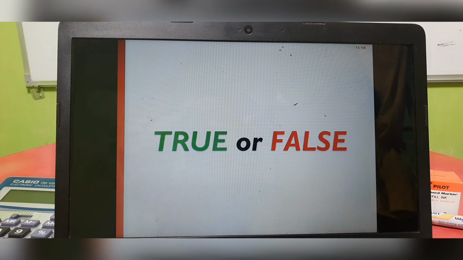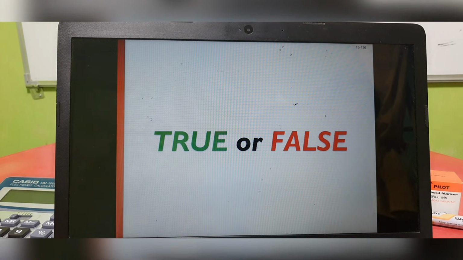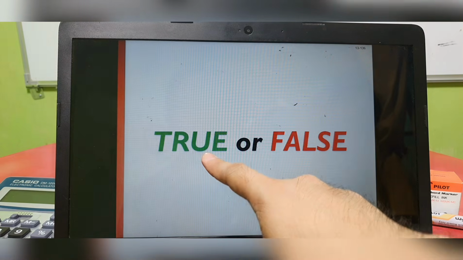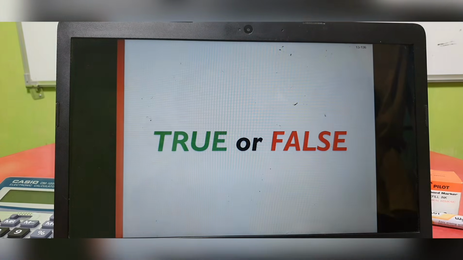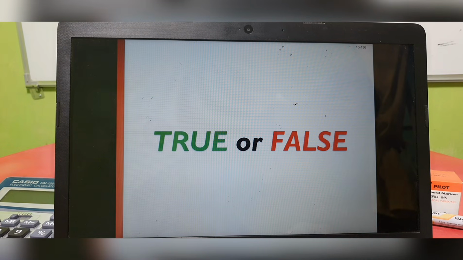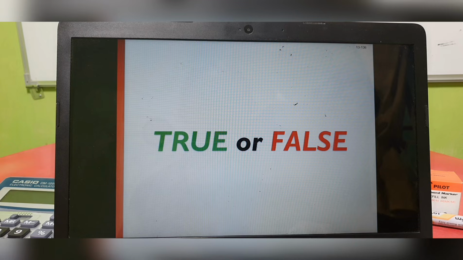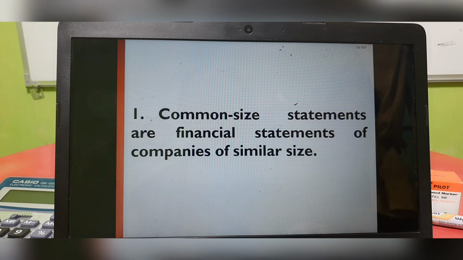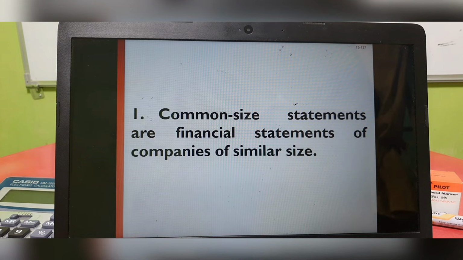Alright, let's have some true or false questions. Kapag nag-green, true. Pag nag-red, false. So, I'll read the statement first and then you have to say your answer before I reveal yung answer natin. Number 1, common size statements are financial statements of companies of similar size.